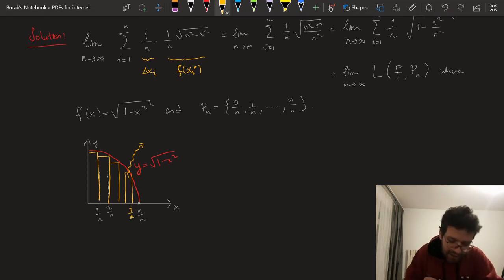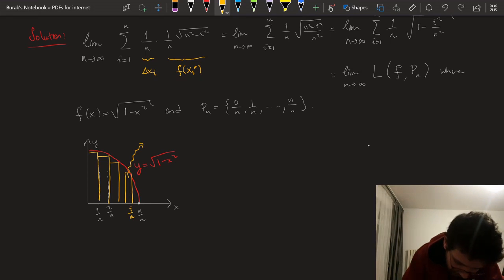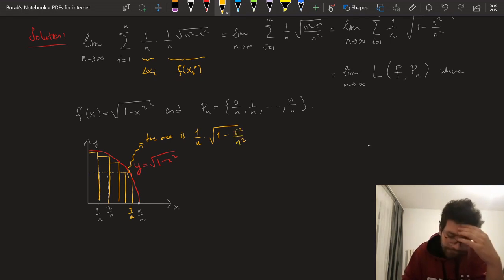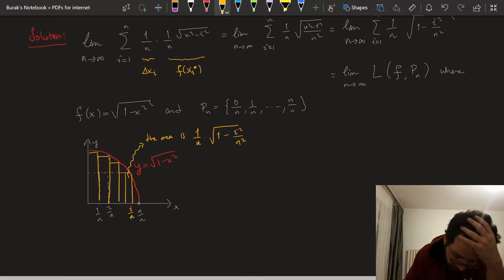So the area of this will be 1 over n times square root of 1 minus i squared divided by n squared, and you're changing i from 1 to n.